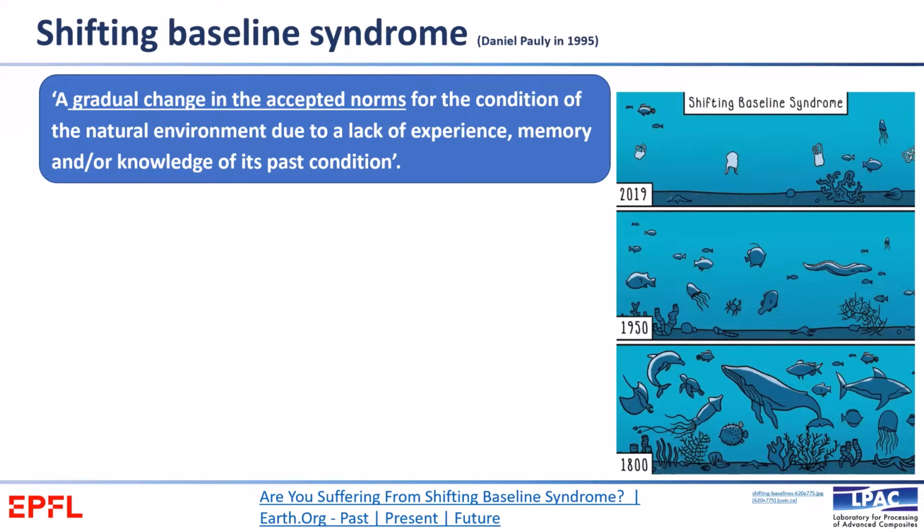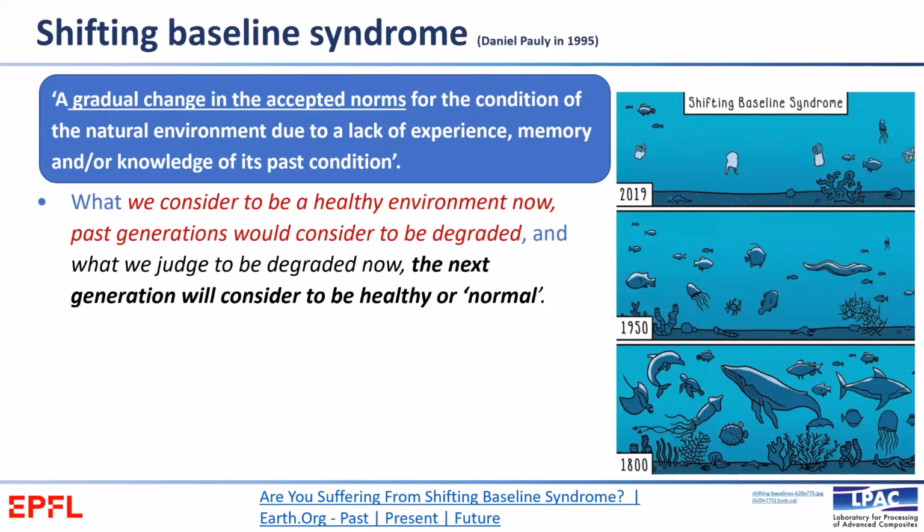Okay, what's going on? It's because what we consider to be a healthy environment now, past generations would consider degraded. And what we judge to be degraded now, the next generation will consider normal. That's quite scary. And our memories are quite short. When I first came to Switzerland 25 years ago, I'd go to the Col de Montgeroux, and the snow was 2 meters high on each side of the road.